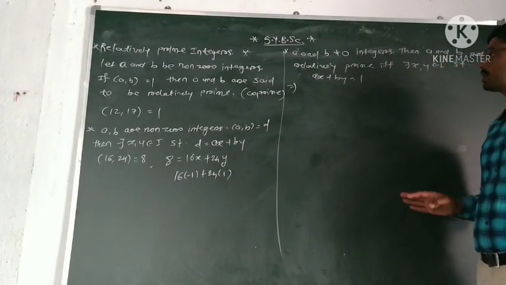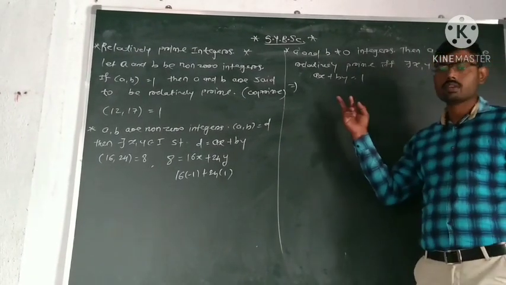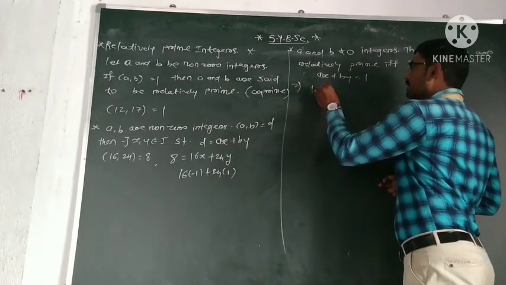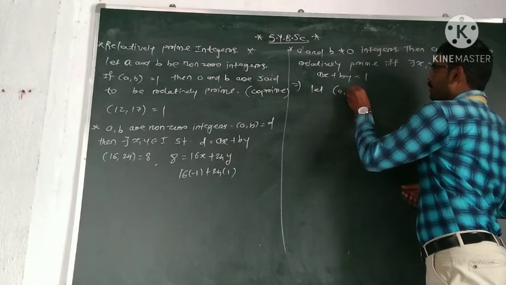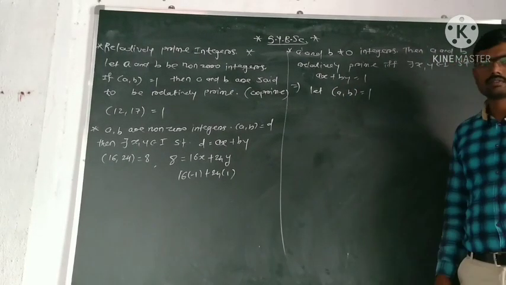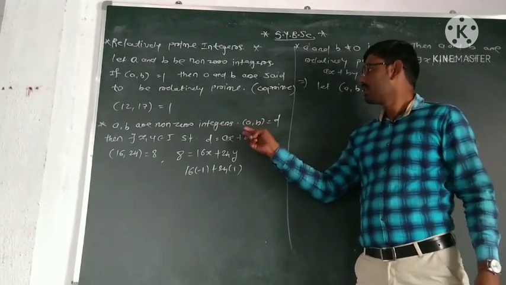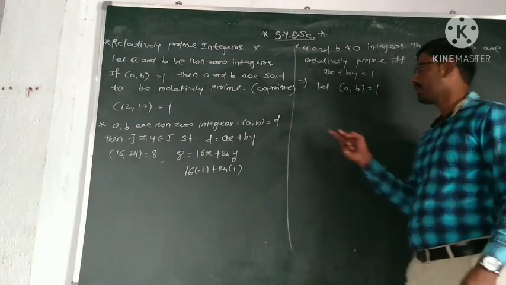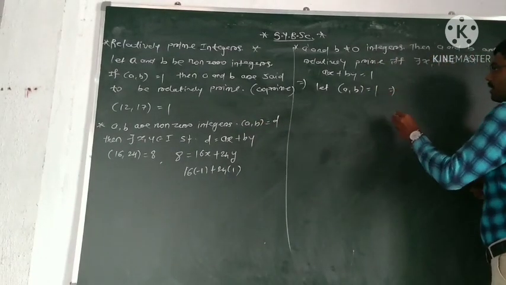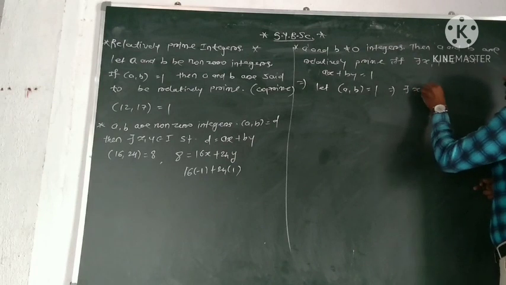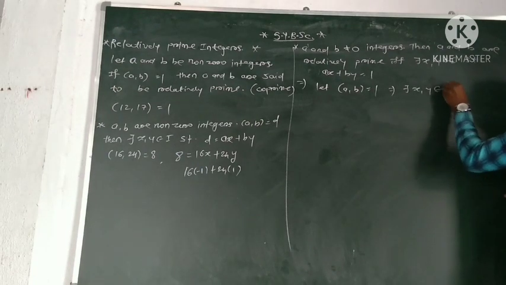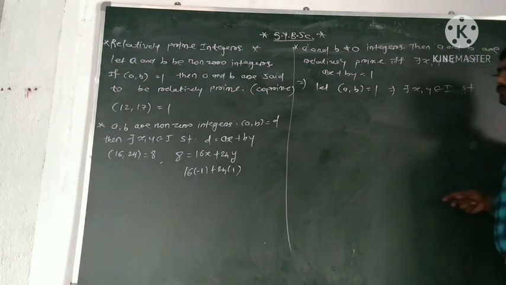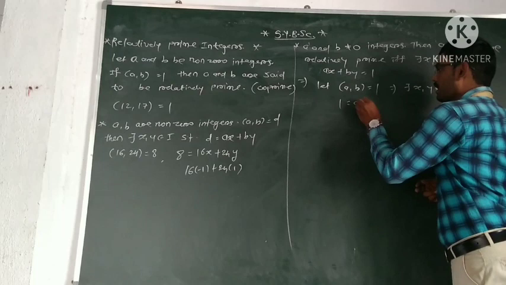Okay. Suppose first part. Let a and b be relatively prime. That is, GCD of a and b is equal to 1. So if GCD of a and b is d, then by this remark we know there exist integers x and y, belonging to the set of integers, such that 1 is equal to ax plus by.